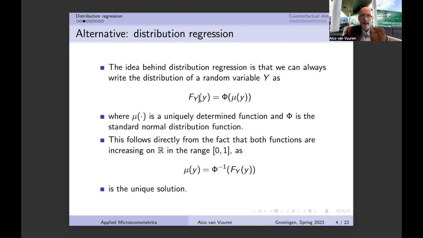And what we can claim is that we can always write it as this function capital phi that we have over here, where capital phi stands for the standard normal distribution function, evaluated in a function mu, and that's evaluated in a value y that's exactly the same value that we had over there, in which we were evaluating the distribution function.